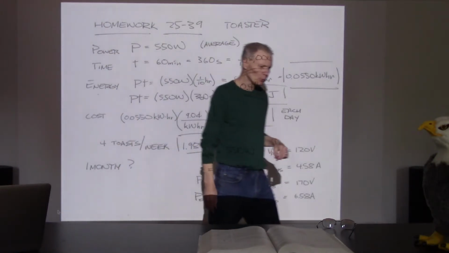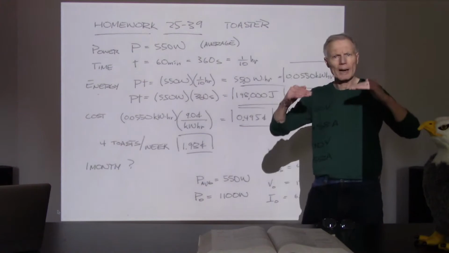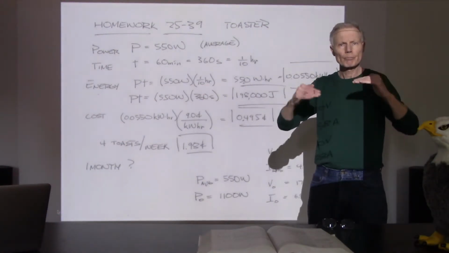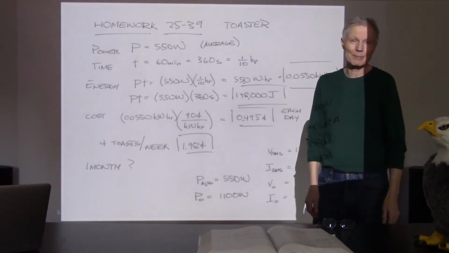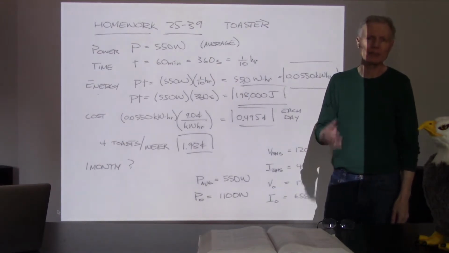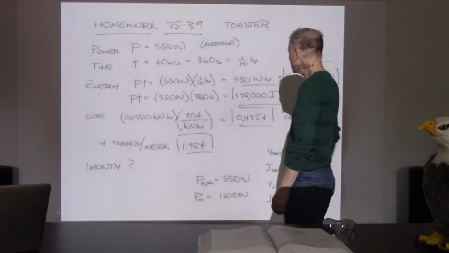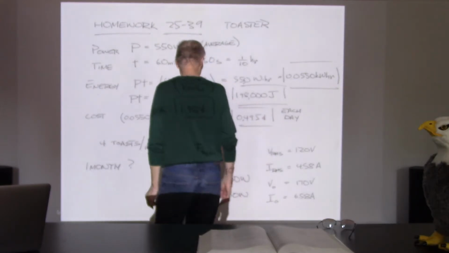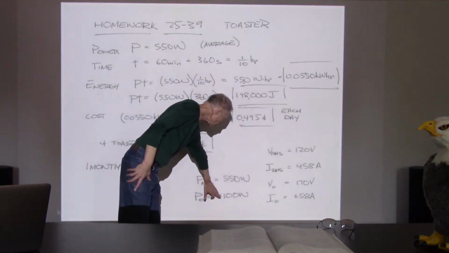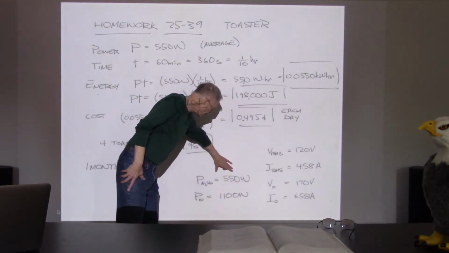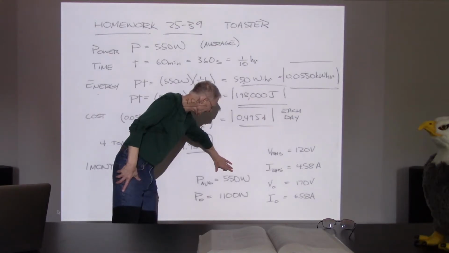What we saw back in chapter 25 is that the power rises and falls 60 times a second. It actually goes 120 times a second that it cycles through. So the peak power would actually be 1100 watts, and then the average power would be 1/2 of that.